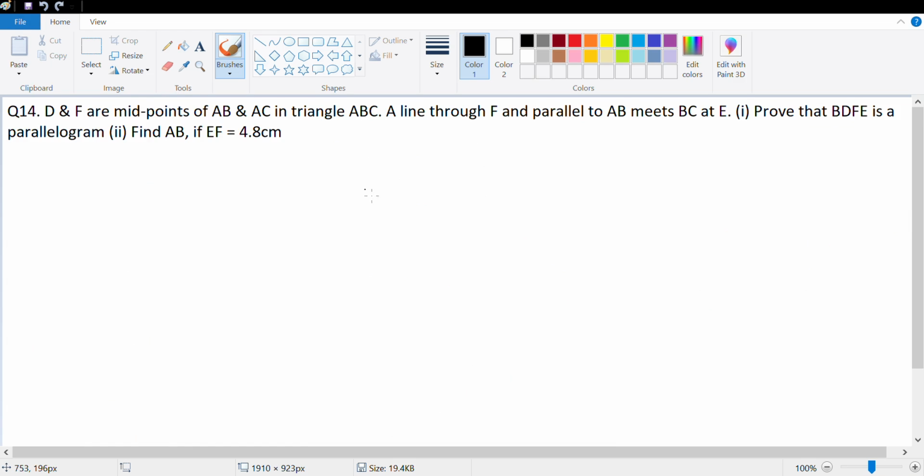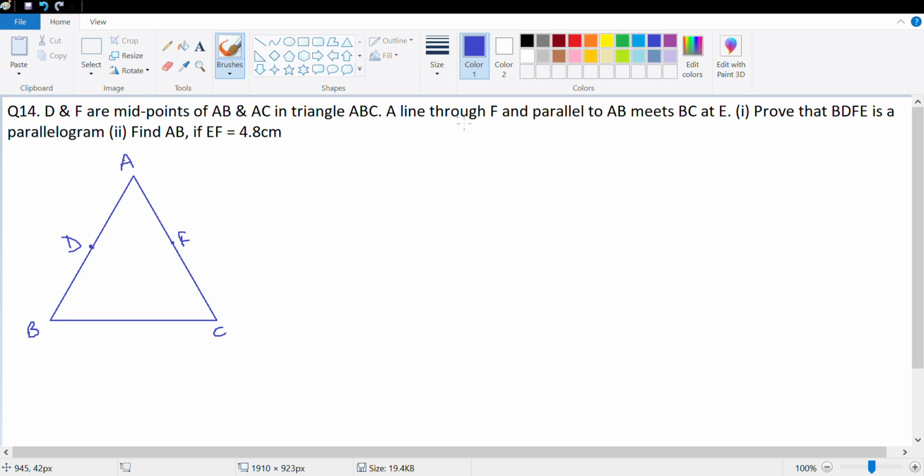It says D and F are midpoints of side AB and AC of a triangle ABC. So again, let's draw a rough diagram. And so this is my diagram. A, B, and C is a triangle. D and F are midpoints of AB and AC. Okay. So AB is D, AC is F. Perfect.